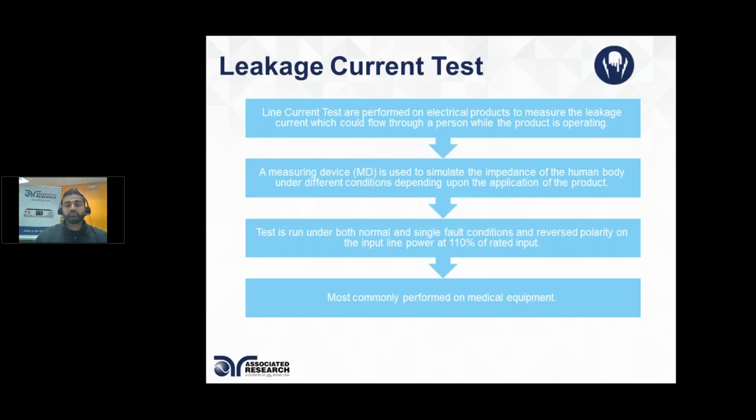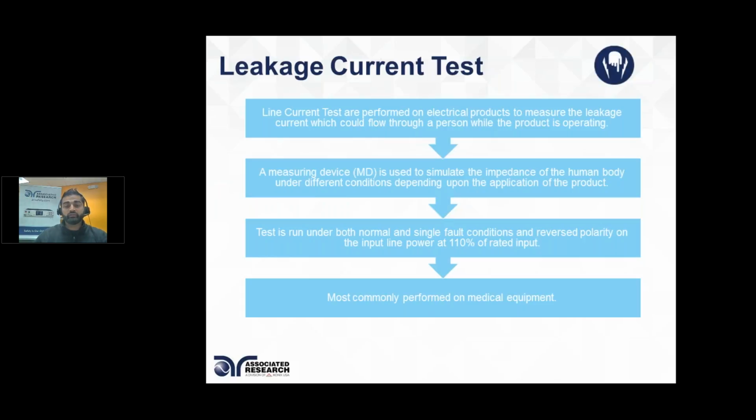That's a single fault condition. There could also be a condition where the outlet is wired opposite, so line and neutral are switched. If you didn't design your product properly and it's plugged into the wall as neutral-line instead of line-neutral, and you start leaking more current, the safety center wants to know about it. So we simulate the switching of line and neutral for your product to make sure it doesn't leak extra current when somebody comes in contact with it.